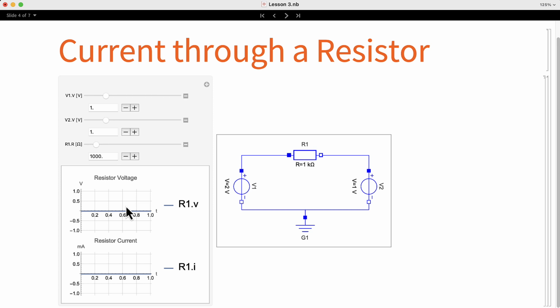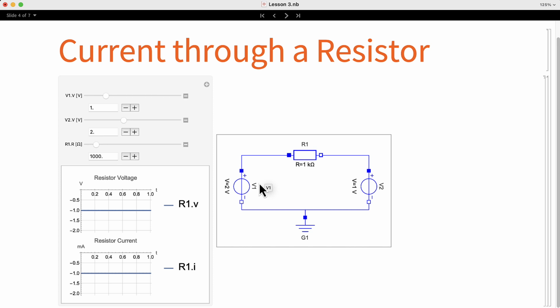If we make the voltage of the second source larger, we can observe that the voltage in the resistor is negative, and also the current through the resistor is negative. This means that the current is flowing in the opposite direction.